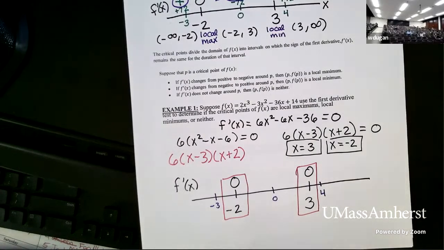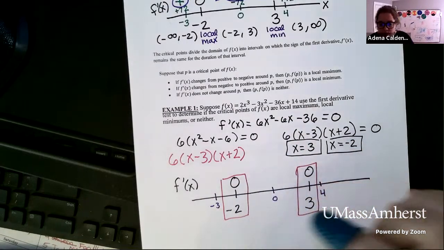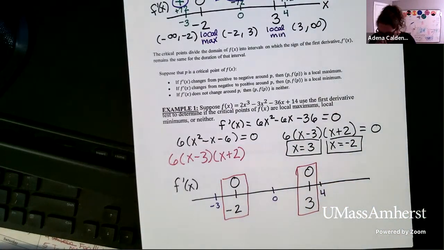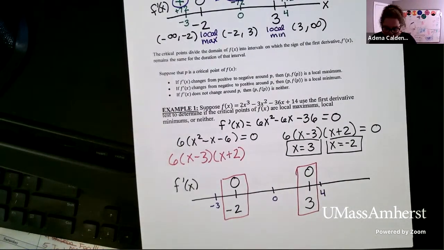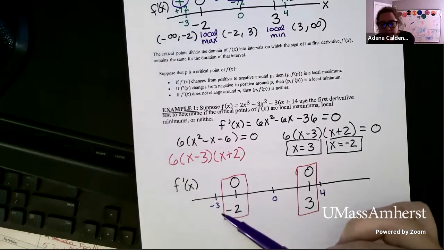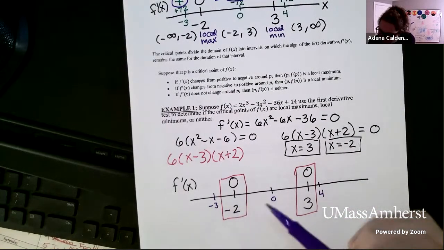Now, last time I said you could pick a test point and plug it back in to get the value. I do want to point out that you can also reason through this without plugging in if that's your preference. So I just want to talk about how you might do that. So I'm going to use the same test points just because they're convenient. But again, you can pick any number on the interval.